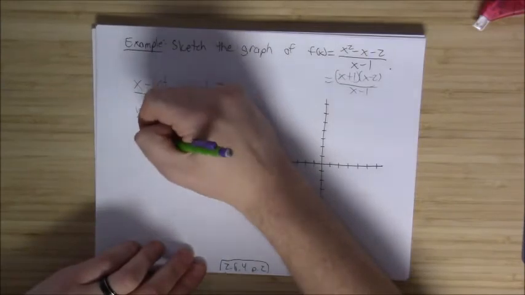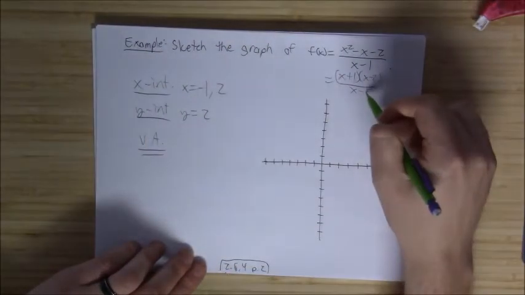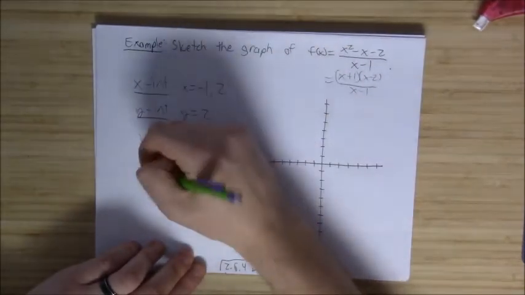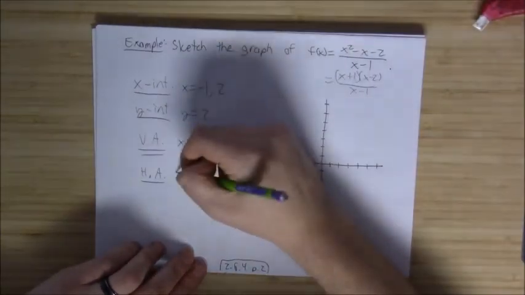If we check our vertical asymptote, since nothing canceled, there are no holes, but we have x equal 1 as a vertical asymptote. And for a horizontal asymptote, because the degree of the top is greater than the degree of the bottom, we have none.